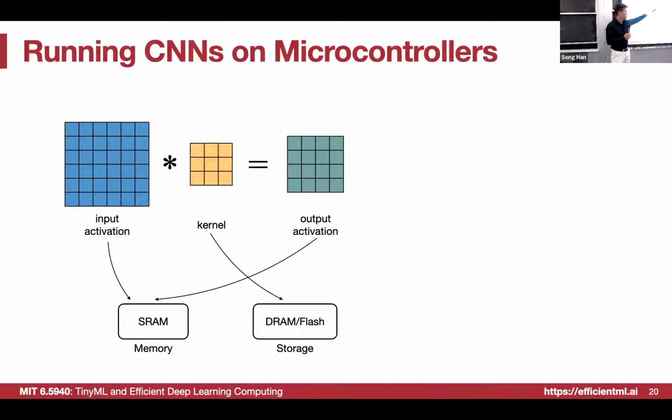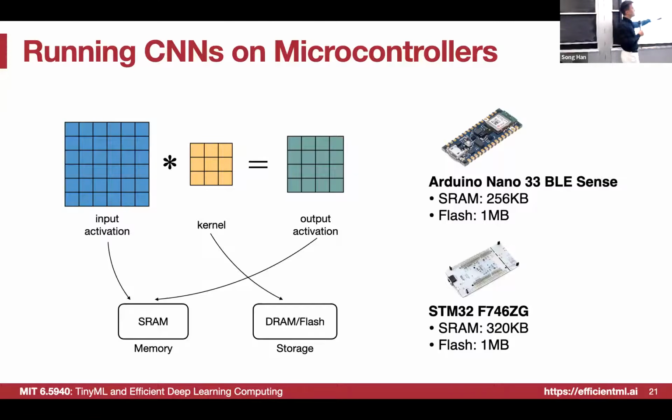But for the kernel, for the weight, we can put them in the Flash. By the way, a microcontroller doesn't have DRAM, so it's just SRAM and also the Flash. So Flash is read only on the microcontroller. So only the kernels, the weight, can be stored in the Flash. And the activation, the input and output activation goes to the SRAM. And if you have the DRAM, that becomes a next level of memory hierarchy under the SRAM.